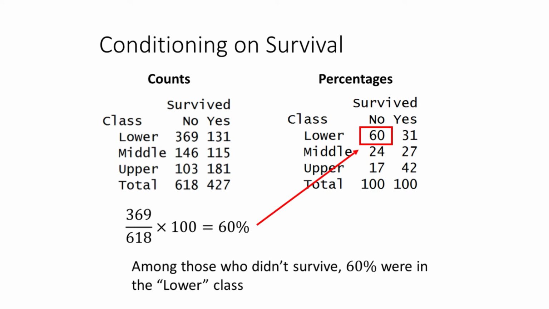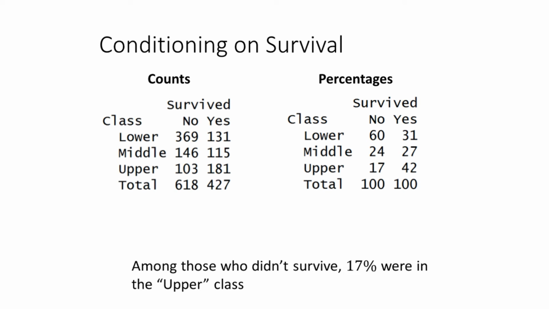This percentage tells us that among those who didn't survive, 60% were in the lower class. In a similar way, 24% were in the middle class among those who didn't survive. We're just taking the count for a particular cell and dividing by the total number of people who didn't survive. To give another example, among those who didn't survive, 17% were in the upper class.